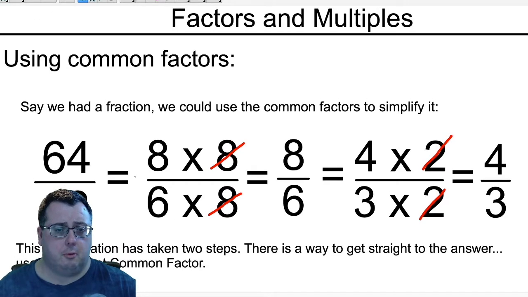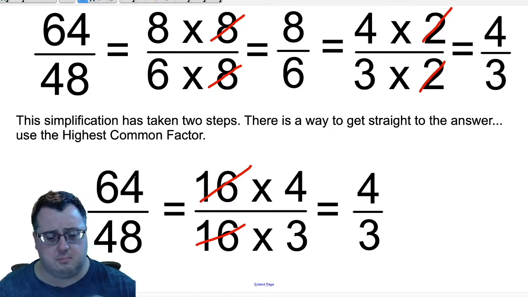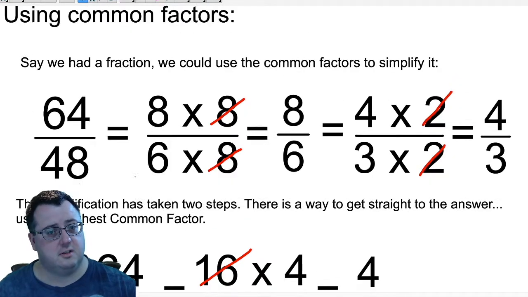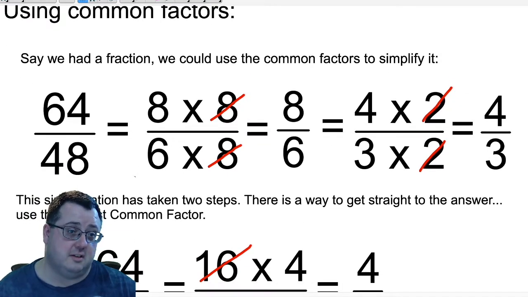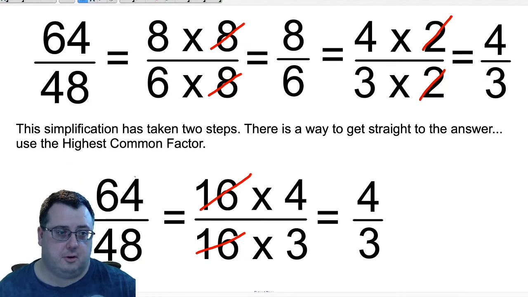This is a really important thing to be able to do, cancel down fractions. I will put a link in the description box below to some questions on cancelling of fractions using common factors. It's something that everyone should be able to do, but it does rely upon knowing times tables.